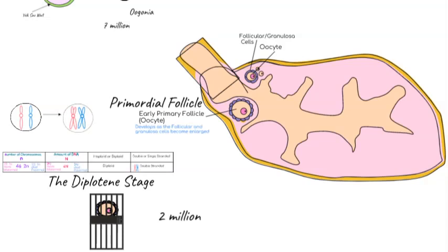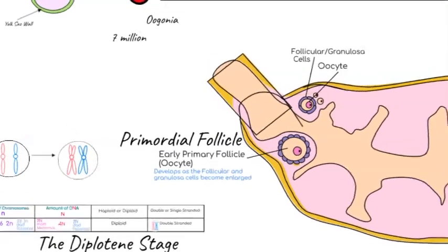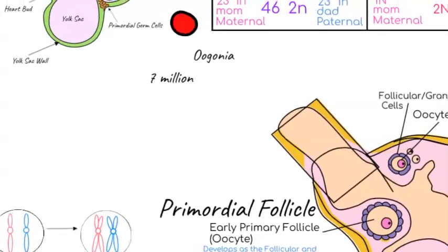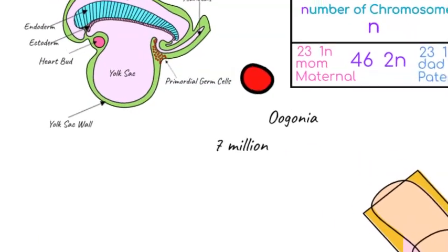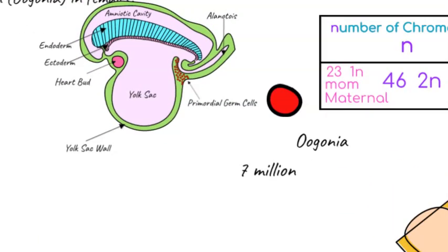Germ cells. Now, after birth, you have these oogonia that converted into primary oocytes, and they started their first meiotic division but arrested at diplotene stage, and they are surrounded by these follicular cells.